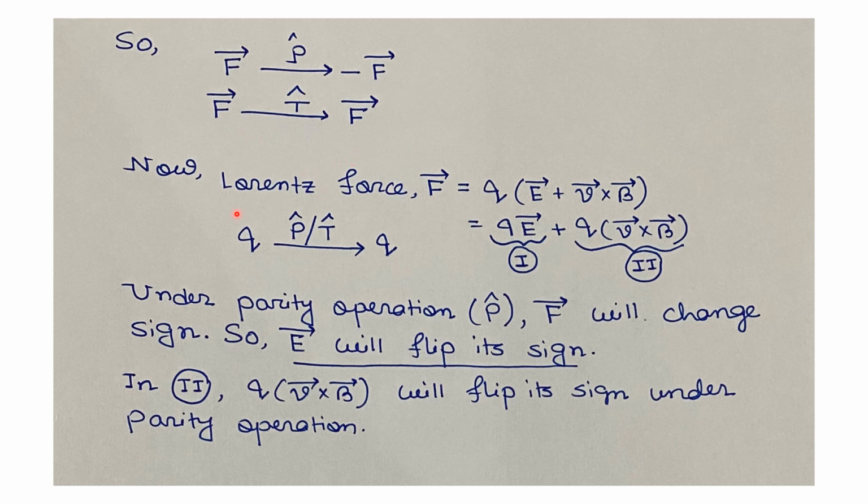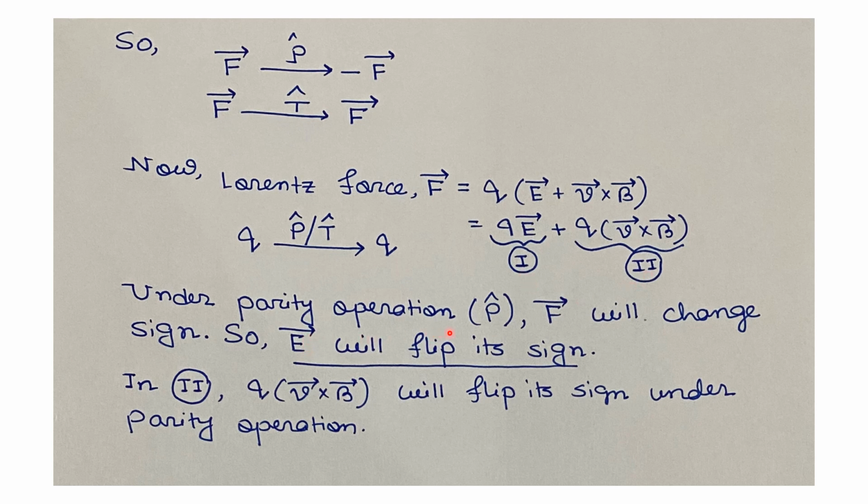Now coming to the Lorentz force, that is F vector equals q times E plus v cross B. Now charge doesn't change its sign under parity operation as well as time reversal operation. So in this force there are two parts, one is the electric force, one is the magnetic force. So we will denote them by 1 and 2.